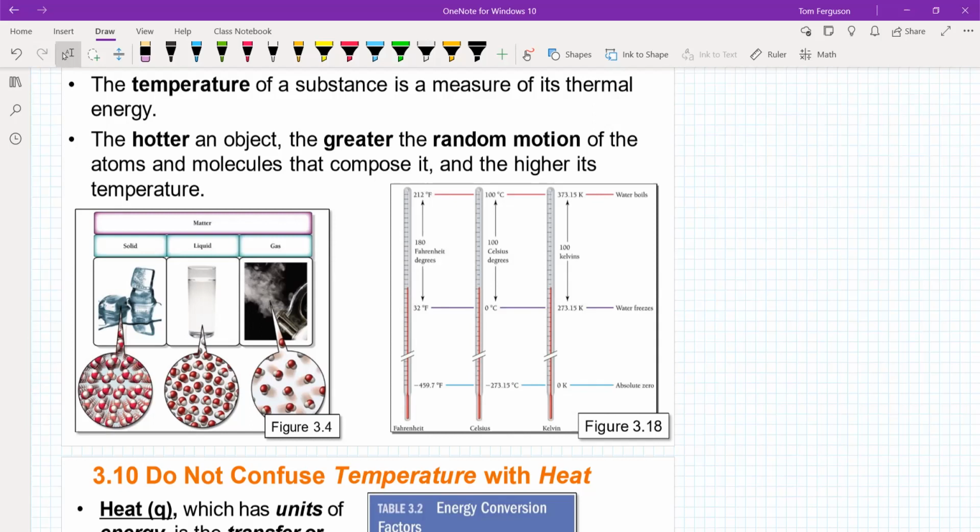Kelvin was developed quite a long time ago to show when no motion of the atom exists. It's zero motion. That's why it's called an absolute temperature scale as opposed to a relative temperature scale.